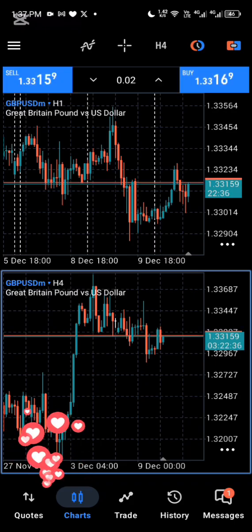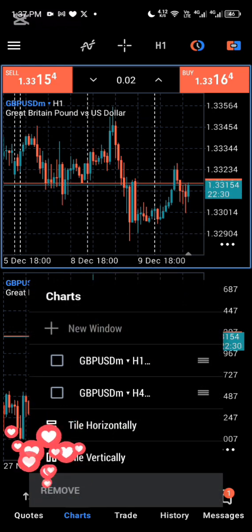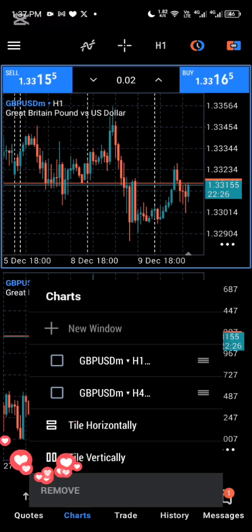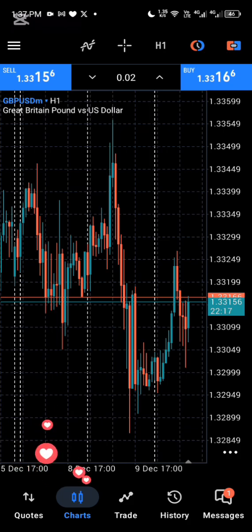This is just a beautiful upgrade of the Metatrader workspace. So right now I want to remove one of them. I'll just click here and remove it. We are back to using one chart instead of multiple charts.